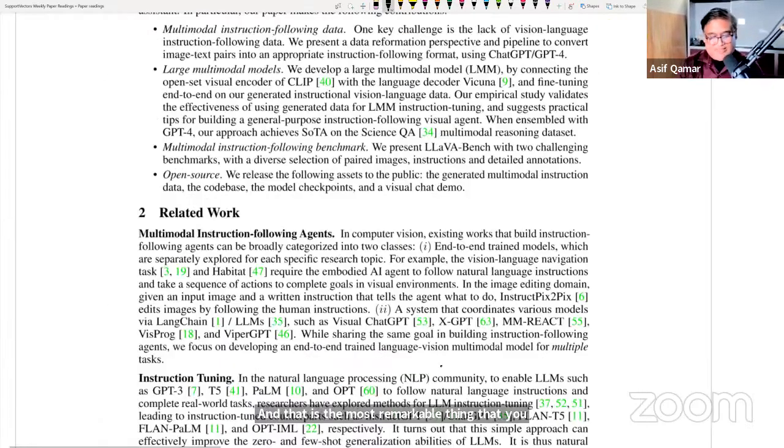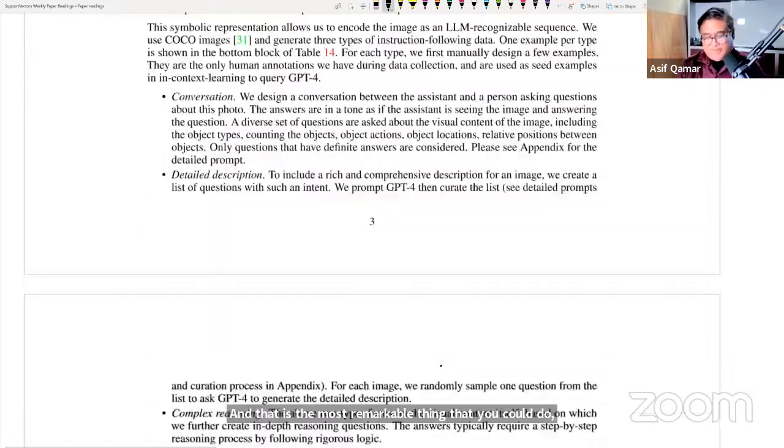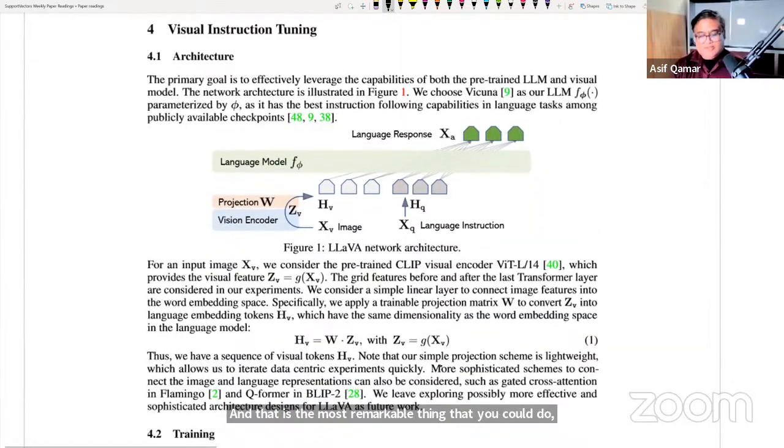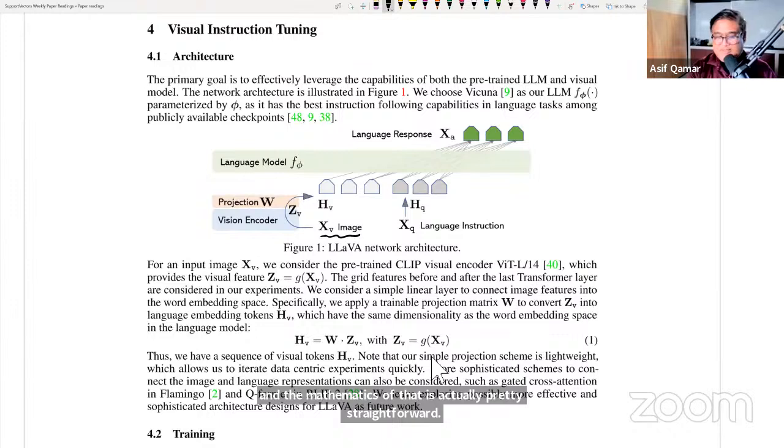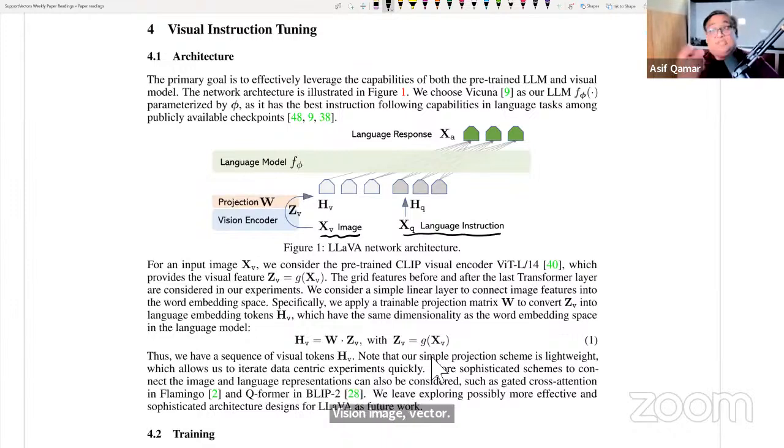And the mathematics of that is actually pretty straightforward. You take a vision image vector, and you take a text vector, the question vector that you just created. What will an image encoder like CLIP do? It will produce a hidden state. The text side will also produce a hidden state.